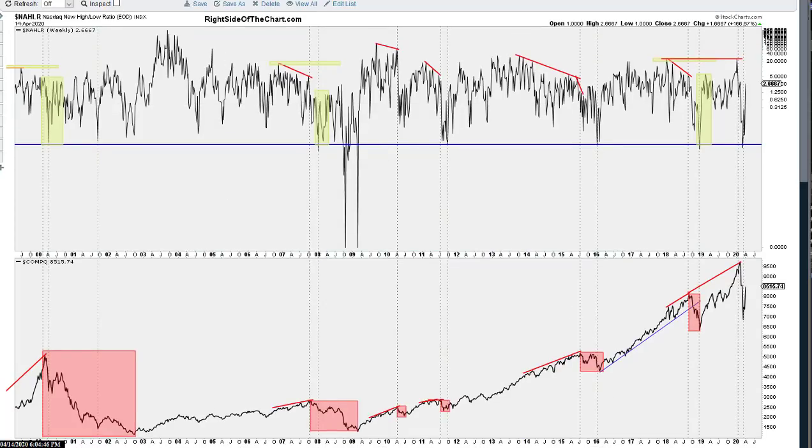You can see that when this indicator drops to that point, and we're going back here all the way into the 90s there, right around when the last bull market ended. Not the last bull market. That was the dot-com bubble.